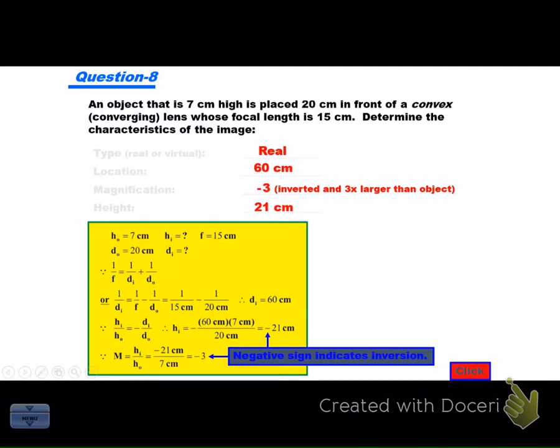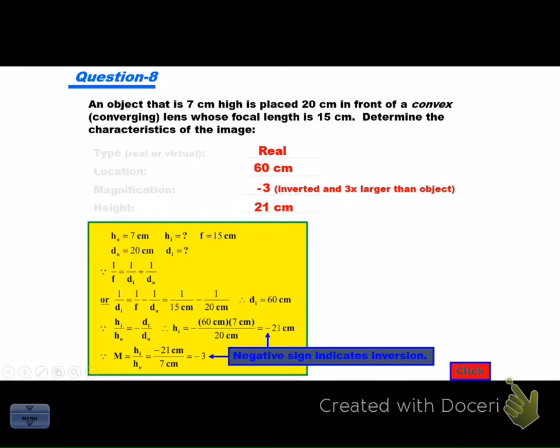So that's important. That negative sign tells you that you're going to have an upside down or inverted image. And then you plug that into the magnification equation using H's, and you still get that negative 3. So either way, you can figure out that you're going to get an inverted image from that information.